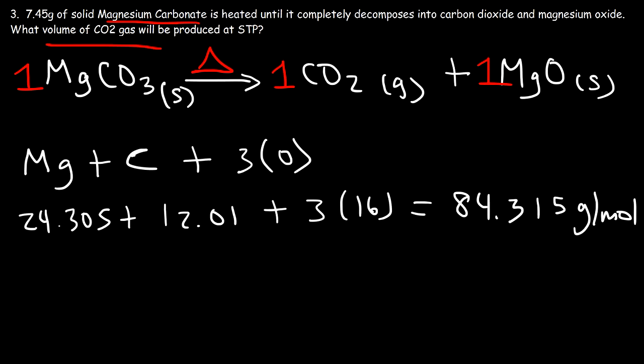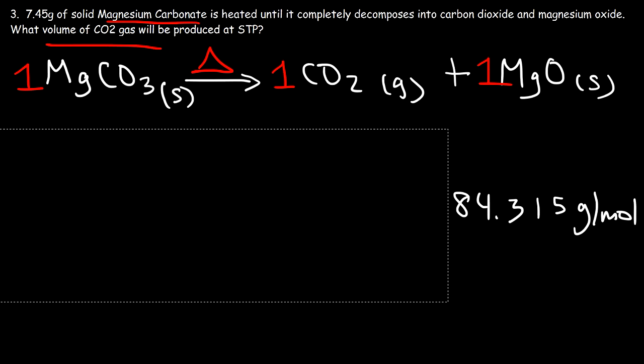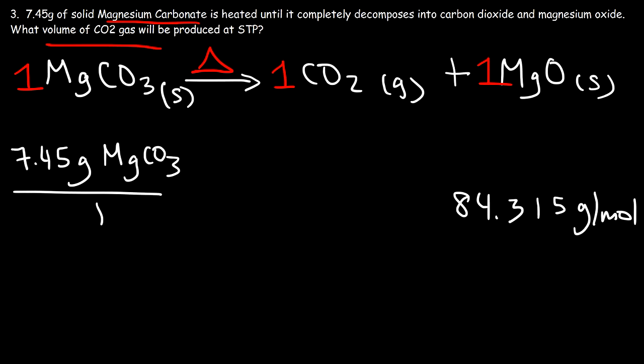So now what are we going to do with this information? So now we can start with what we're given, 7.45 grams of MgCO3. Now using a molar mass, we're going to convert it to moles.